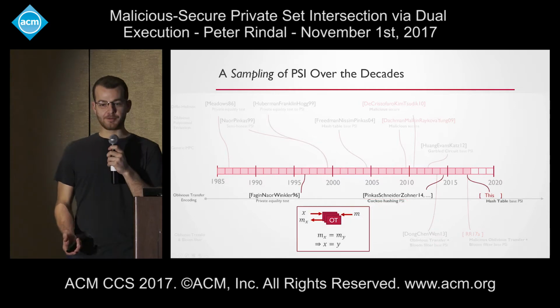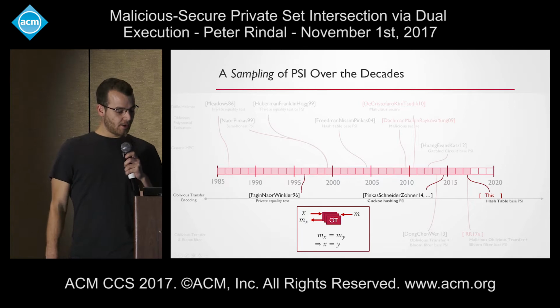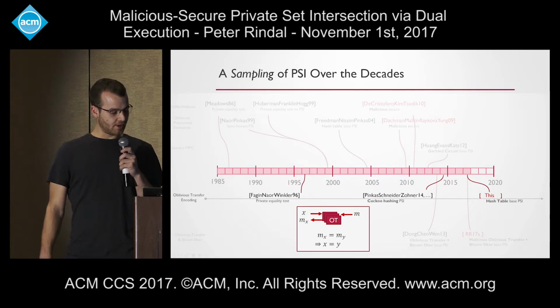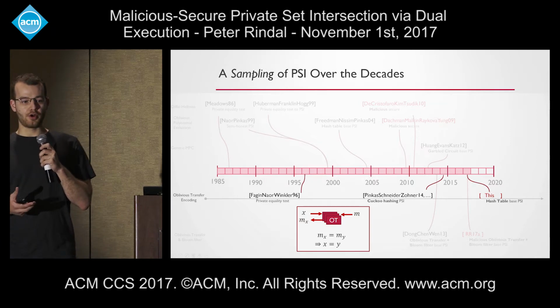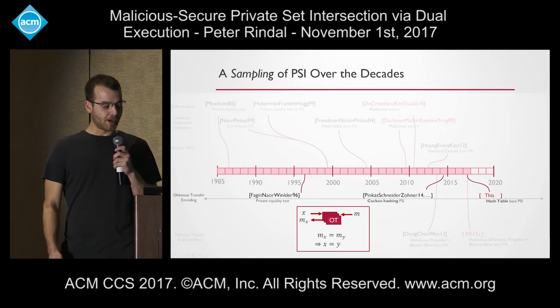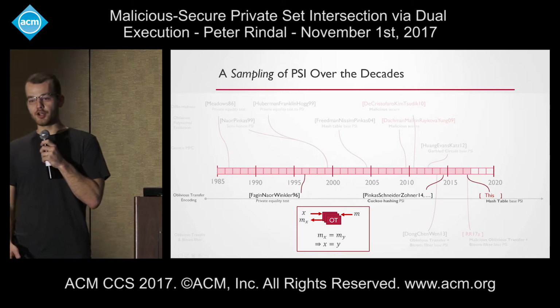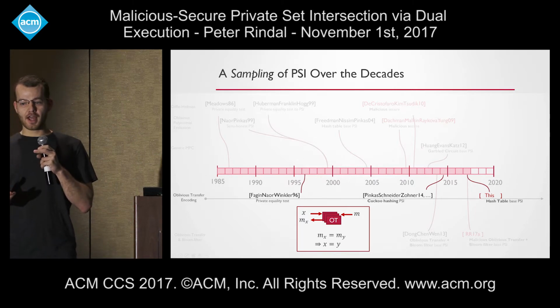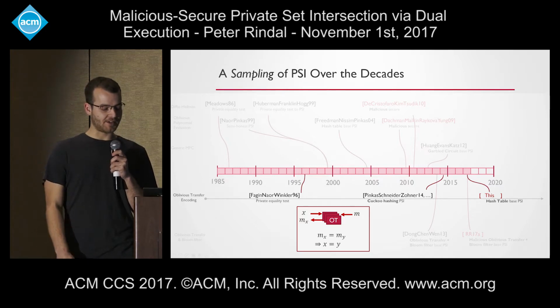One of the few paradigms up to this point that hadn't had a malicious-secure variant was first introduced by Ishai et al. in '96, and it uses oblivious transfer directly to encode items. And it was popularized by Pinkas et al. in 2014, where they showed how this approach can be combined with a hash table-based technique to get extremely efficient private set intersection.